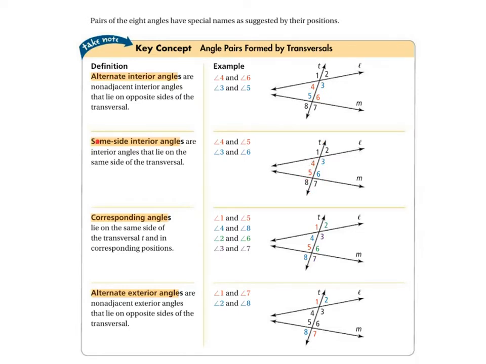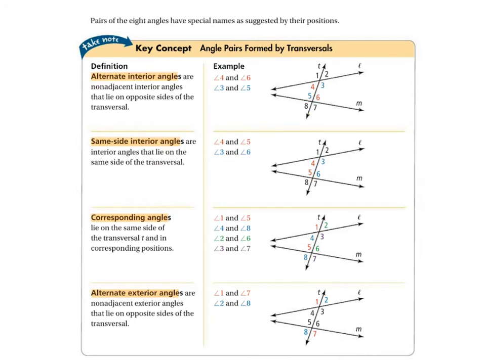That's a pair of same side interior angles, part of between the 2 lines. The other possibility is that they're alternate, or on either side of the transversal line. 4 and 6 are alternate interior angles. 3 and 5 are alternate interior angles.